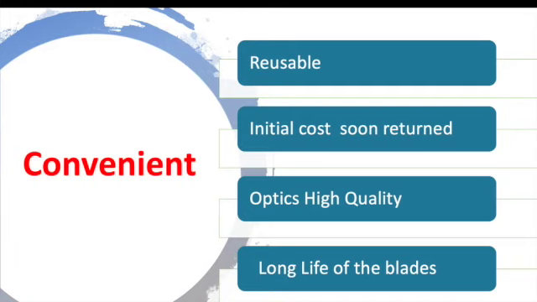Additionally, the optical system has two advantages. The first is very high quality, so the images that you get are really excellent. And second, it's a very strong device. You know that the resectoscopes are quite delicate. It's very easy to break the loop, of course, but also the device itself is quite fragile.